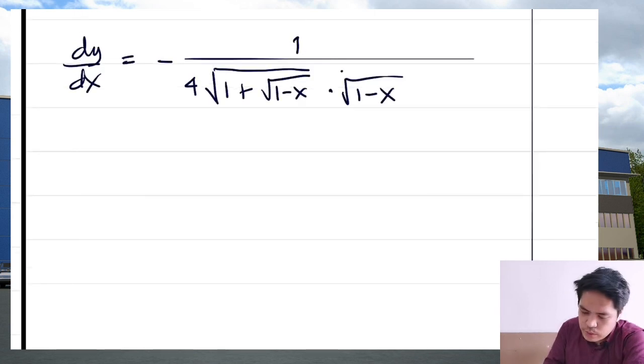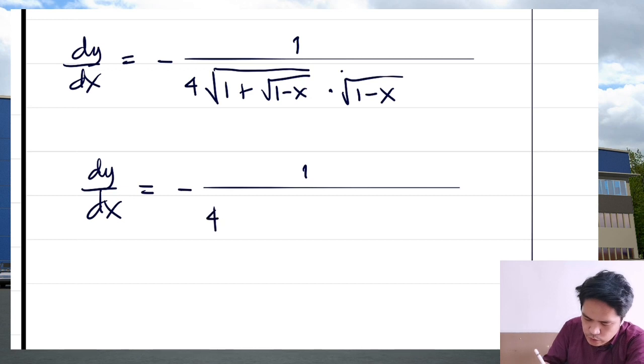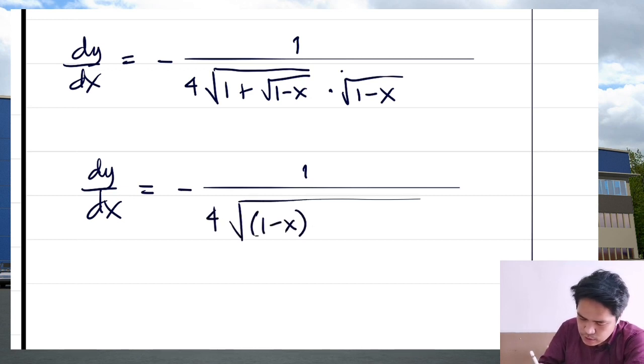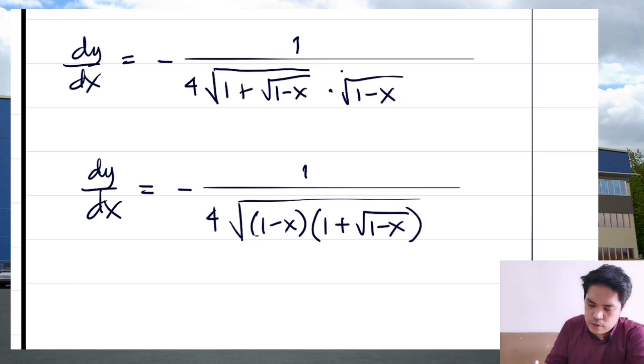Or we could combine this into one radical. So dy over dx is equal to negative 1 over 4 times 1 minus x times 1 plus the square root of 1 minus x. So that's our answer.